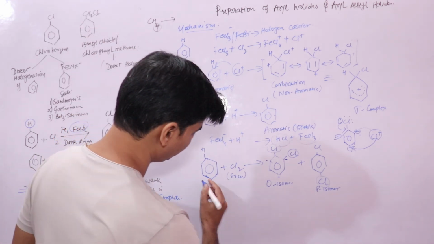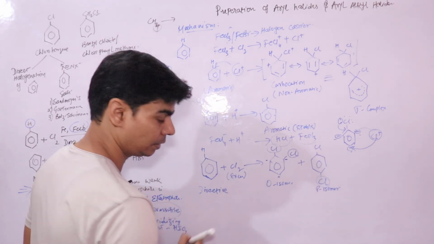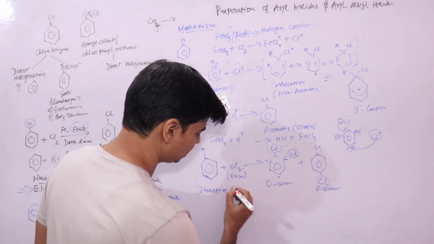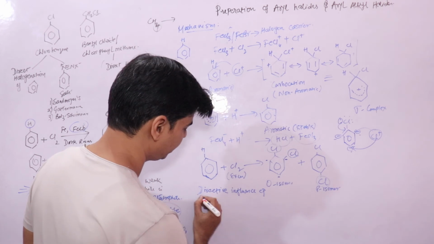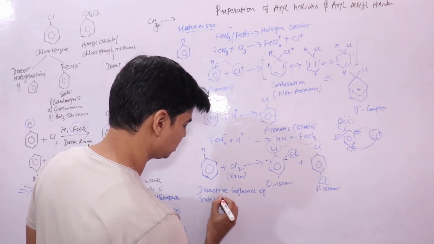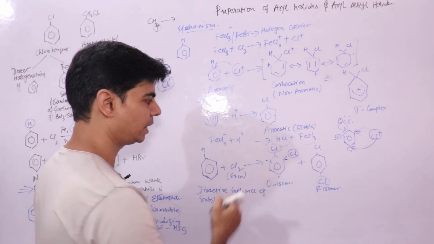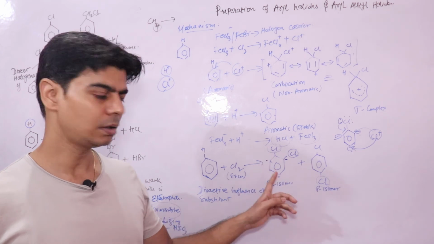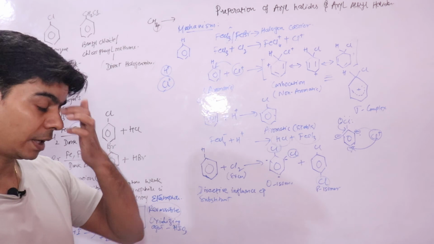What you need to remember here is one thing that you might have done in the hydrocarbons chapter, the directive influence of substituents, right? For example, you have chlorine atom. Chlorine, bromine, these are ortho and para directing groups, and I have explained to you how these are ortho and para directing groups.